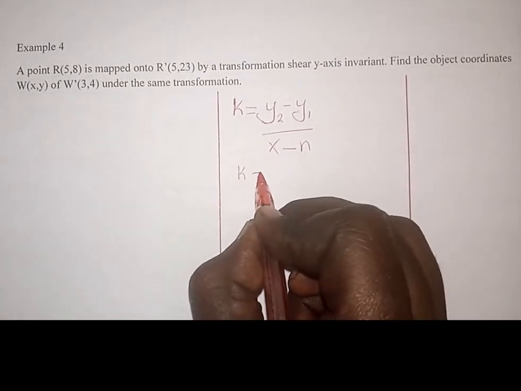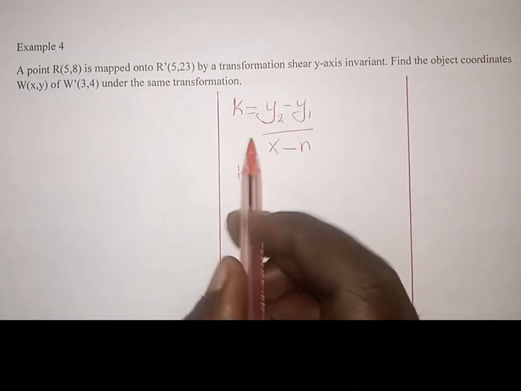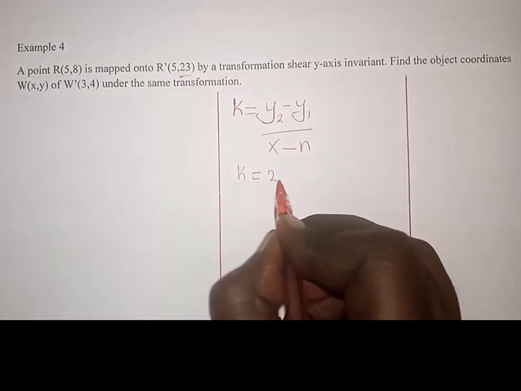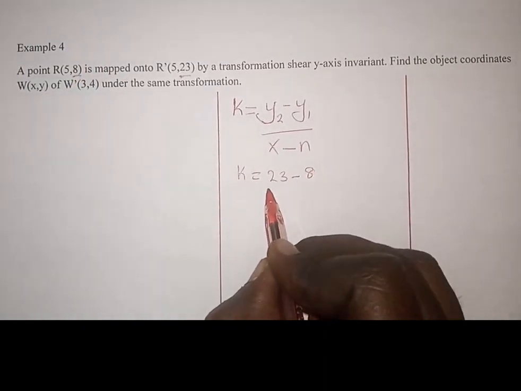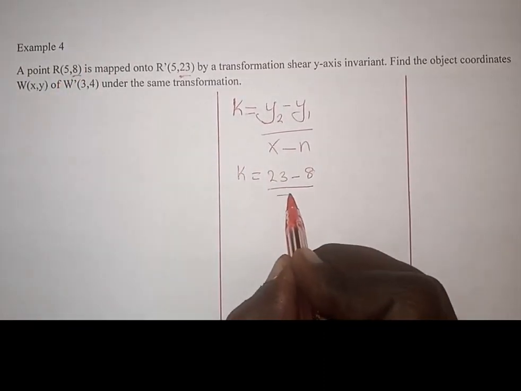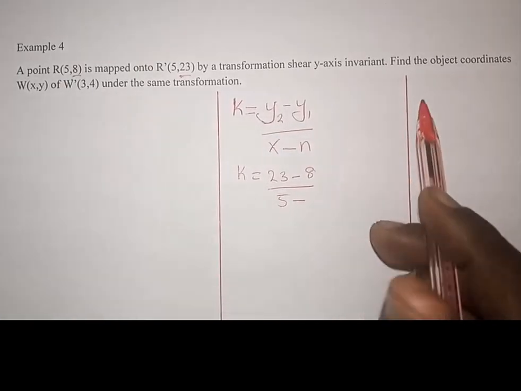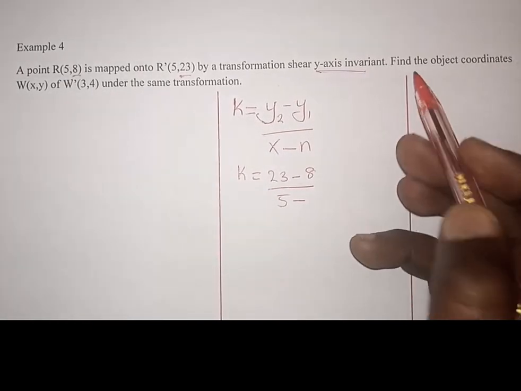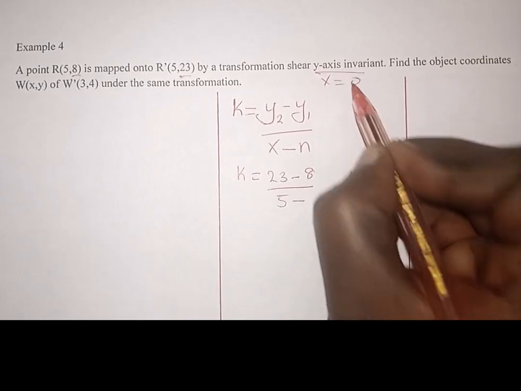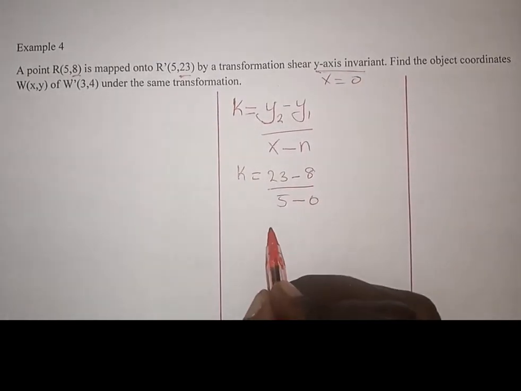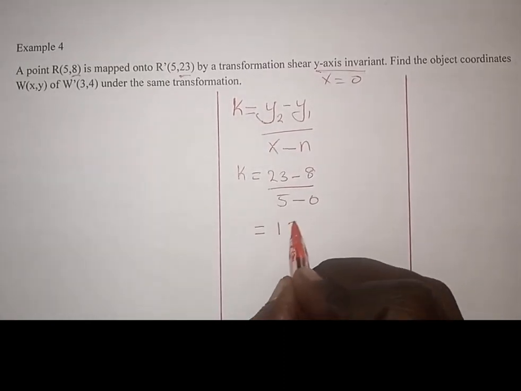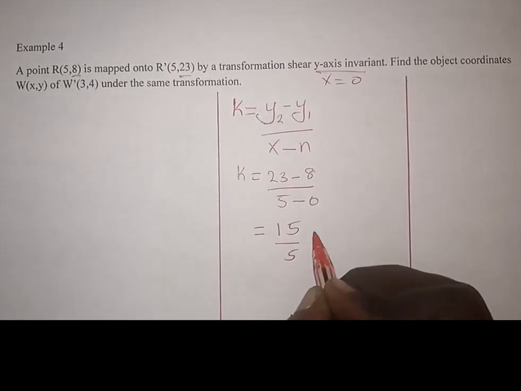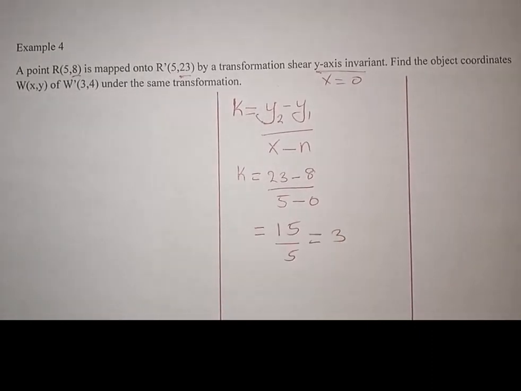So K equals (23 minus 8) over (5 minus the invariant line, x equal to 0, which is 0). So we end up getting 15 over 5, which is equal to 3.